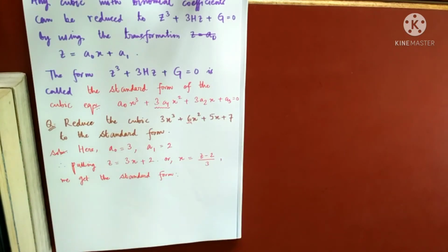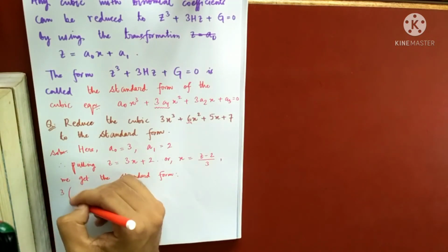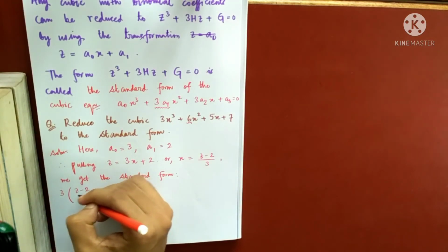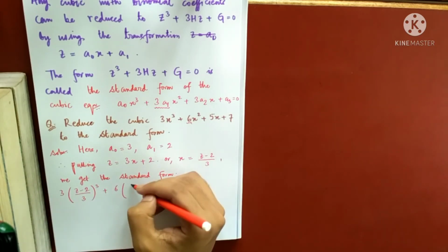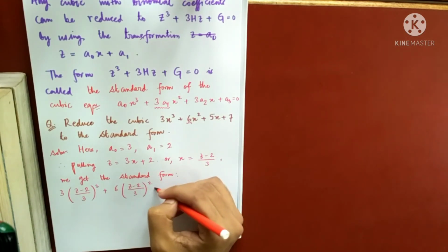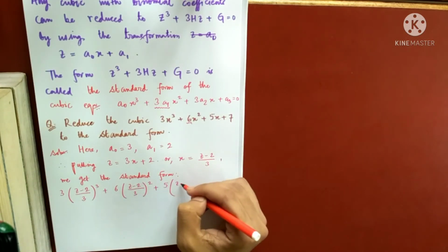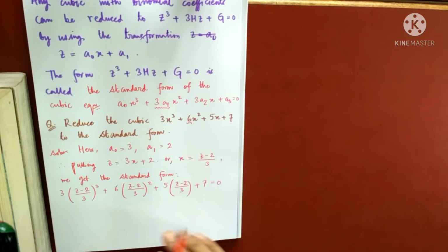So let's put here x equals z minus 2 by 3 whole cube, plus 6.